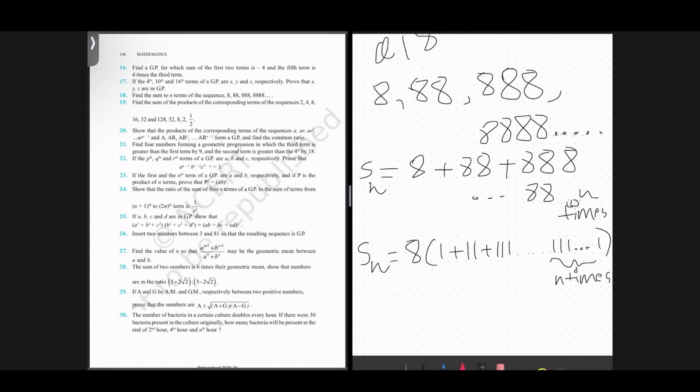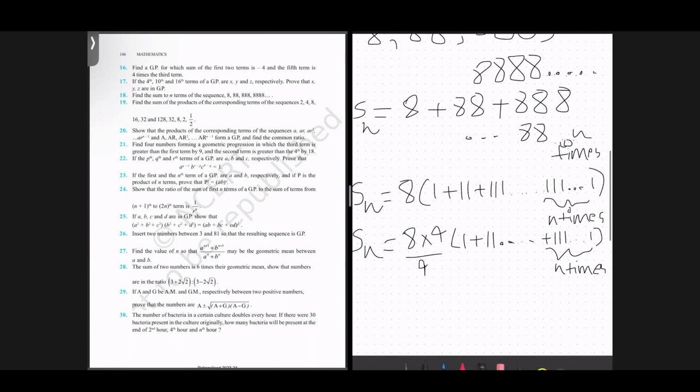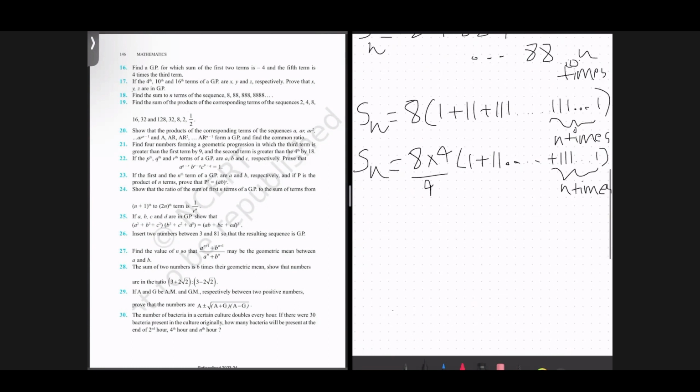Now what I'm going to do is I'm going to multiply the numerator and the denominator by 9. So my Sn now becomes 8 into 9 upon 9, and into the bracket I have 1 plus 11 plus up till n times, correct? This is what I have in the numerator and denominator. And what I'm going to do now is I'm going to propagate the value 9 into the bracket.